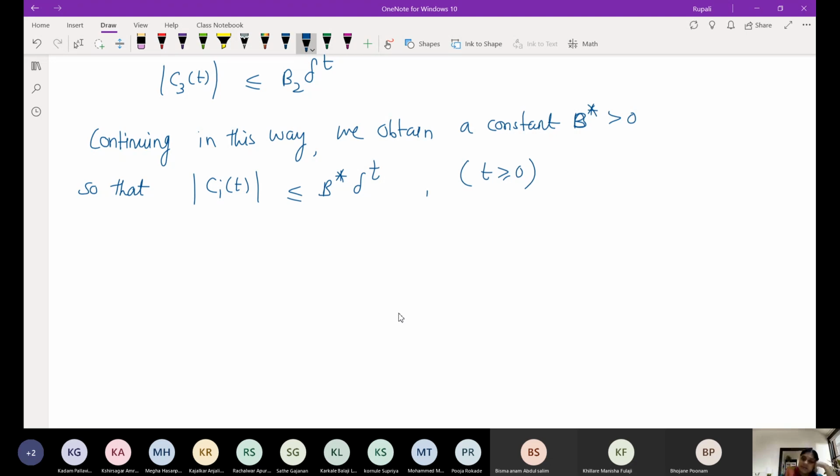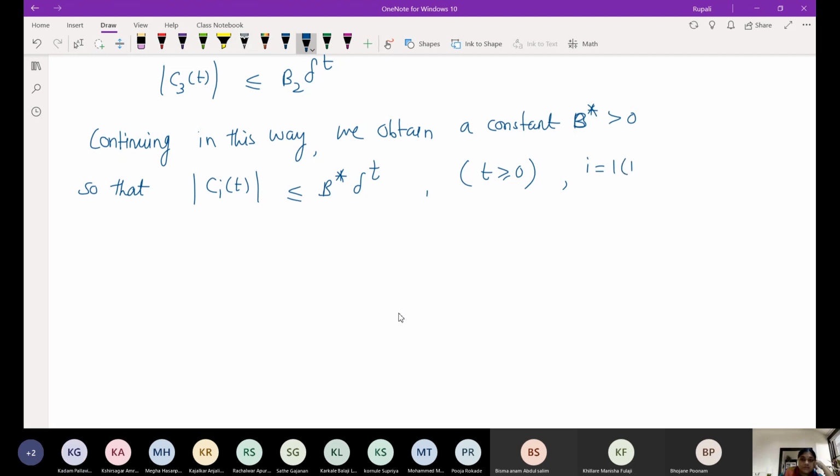What is this b star? B star is the maximum. I can take the maximum of b1, b2, b3 and bn. So there exists a constant b star such that mod of cit is less than or equal to b star times delta raised to t. Is that okay?